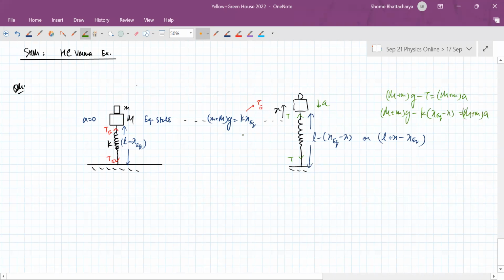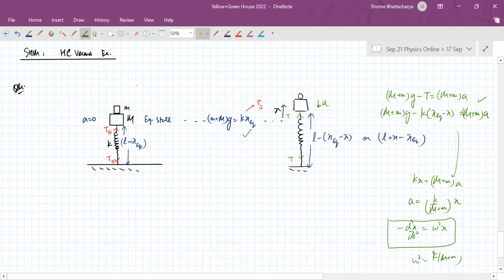So if we compare this equation with this equation, we can see that acceleration is, or you can see that minus d2x by dt square is equal to omega square x, where omega square is k upon (M plus m). Now you look at the FBD of the small block for this situation here.